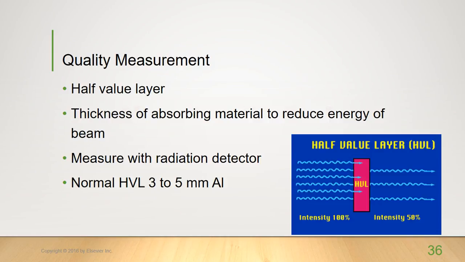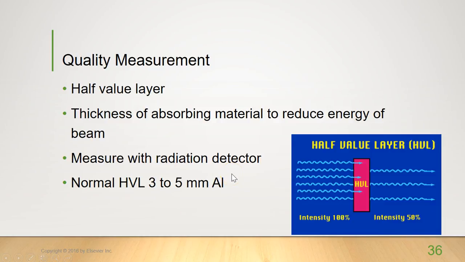So, quality measurement. Beam quality is measured by the half value layer, or HVL. Another word for that is its intensity. Got that? Quality measurement is measuring the intensity of the beam. Intensity. Okay.